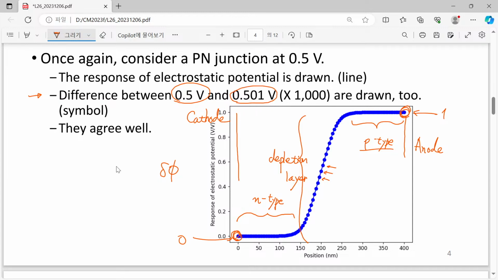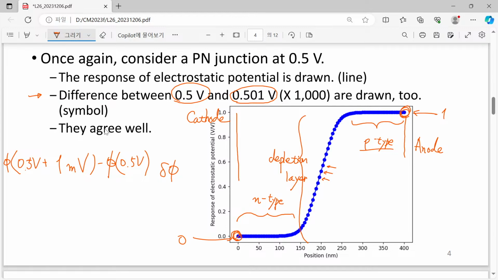We just introduce 1 millivolt additionally to our 0.5 volt, then take the difference. So we have to calculate this difference that is drawn here.